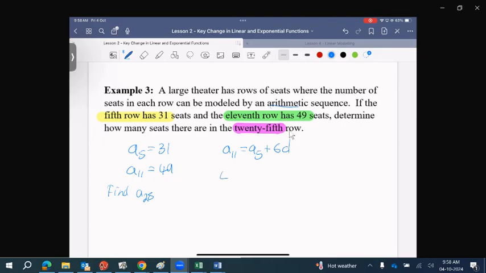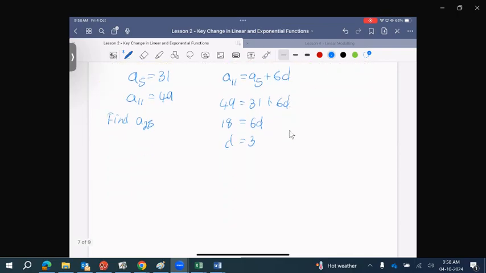So we put our numbers in, we get 49 equals 31 plus 6D. That's going to give us 49 minus 31, 18 equals 6D. D is equal to 3. So we can find out what A25 is.